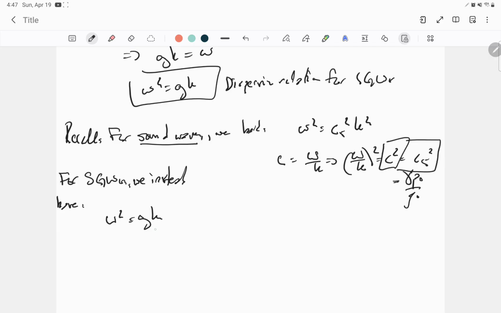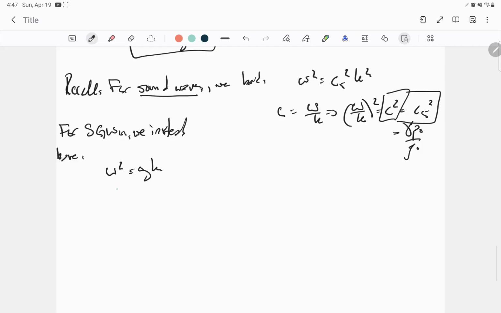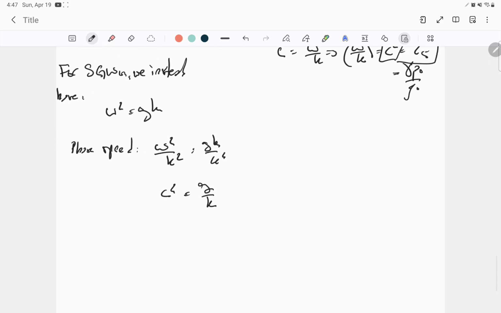And so we can divide both sides by k squared. And so we get our phase speed: omega squared over k squared equals gk over k squared, or c squared equals g over k.